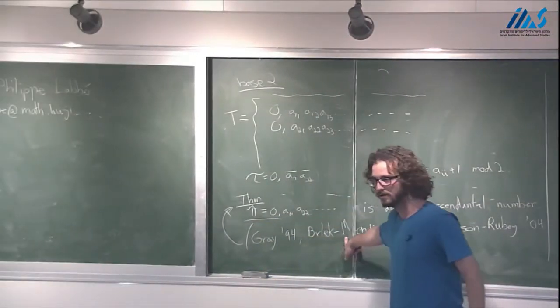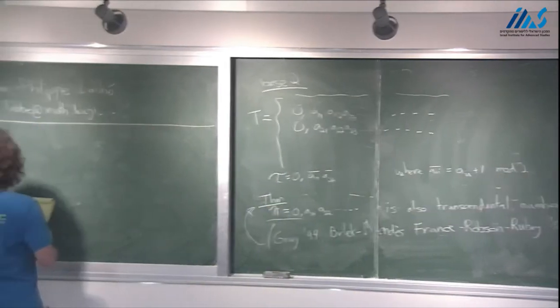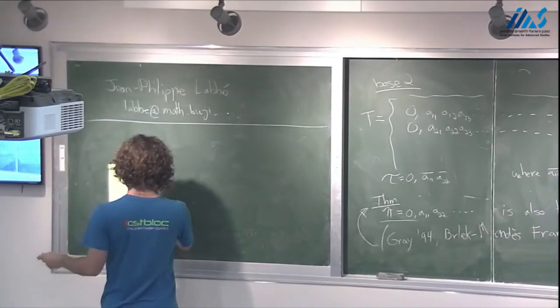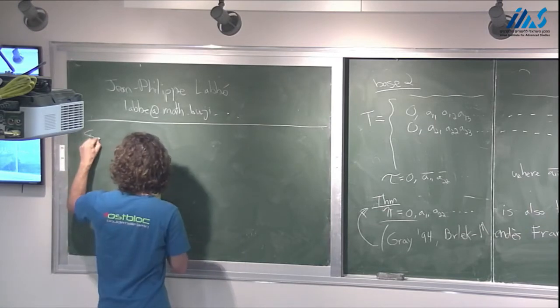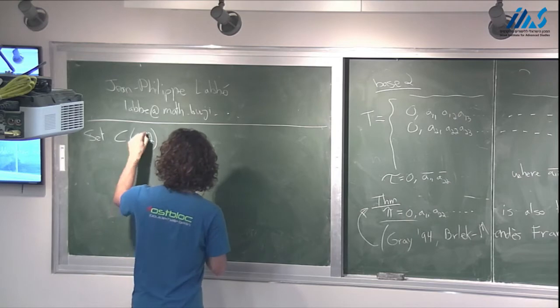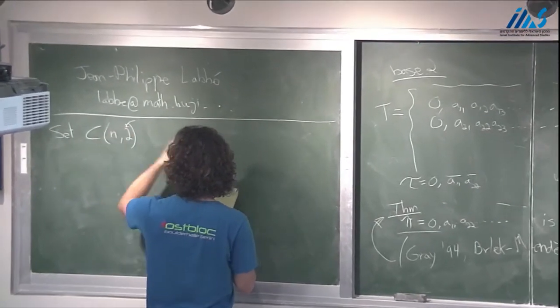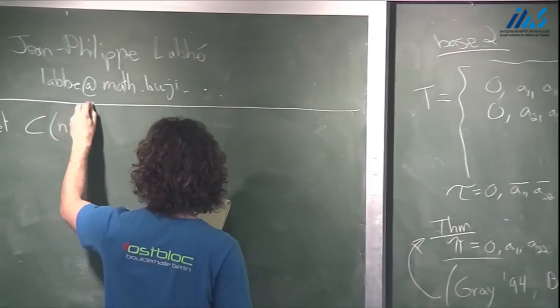These guys, and it's actually these guys that presented this problem. So set Cn2, where 2 represents the base, because you can ask the question in any base, but in this case let's just say base 2.